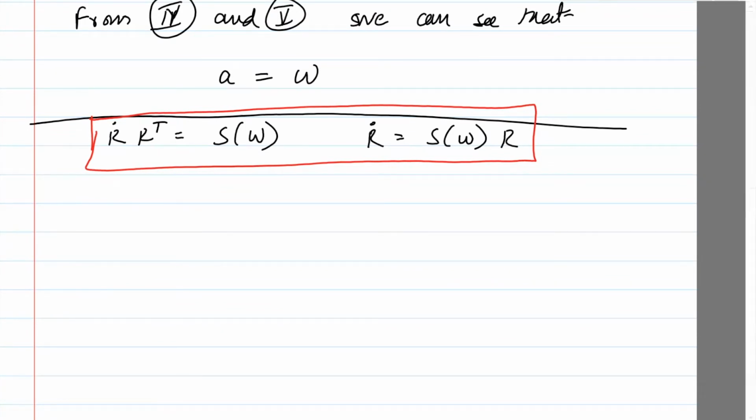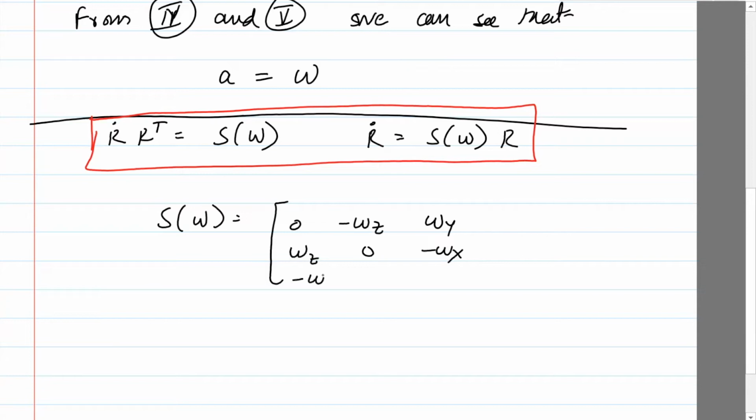What is S of omega? It'll be something like this: 0, minus omega z, omega y; omega z, 0, minus omega x; minus omega y, omega x, 0. That's what S of omega will look like.